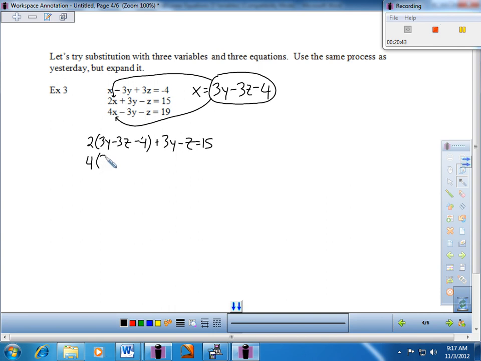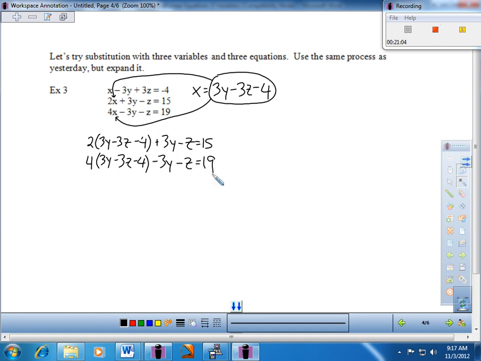So 4, and then 3y minus 3, I'm sorry, did it again. That's very interesting. So 3y minus 3z, meant to say. Let's do that properly for you. Minus 4, and then minus 3y minus z, and then equals 19.